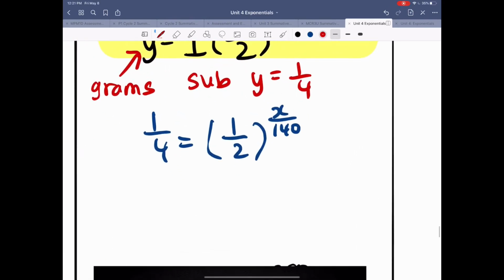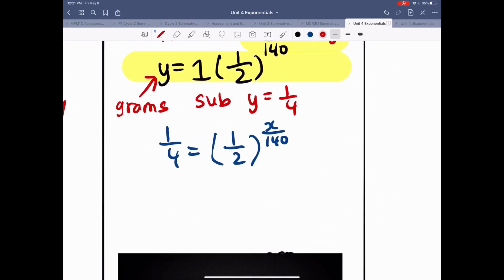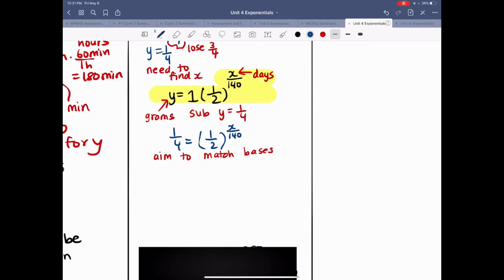With this particular question, I'm noticing that I have 1/4 on the one side and I have 1/2 on the other side. And I know that I could tweak it so that the bases are matched. Okay, I'm going to write 1/4 as 1/2, and if I put that whole thing to the exponent of 2, I will be able to match the bases. So I'll put 1/2 to the x over 140, and remember, if you have matched the base, you can now drop the base.